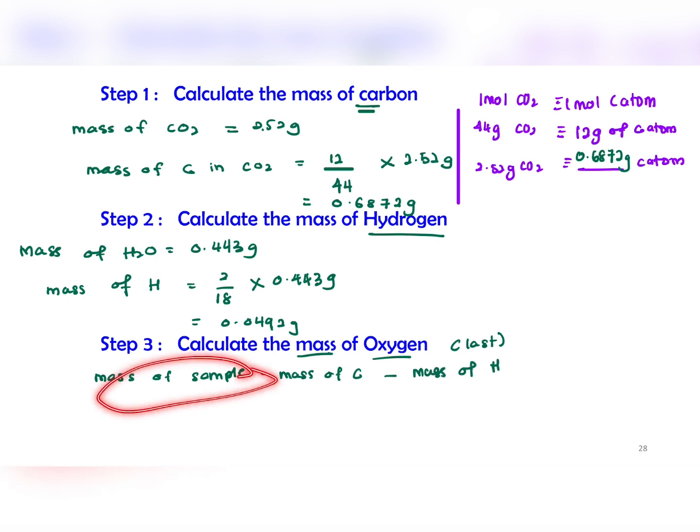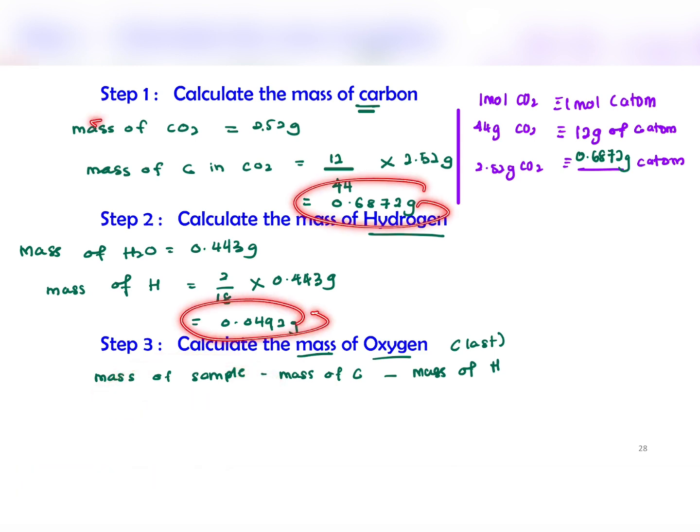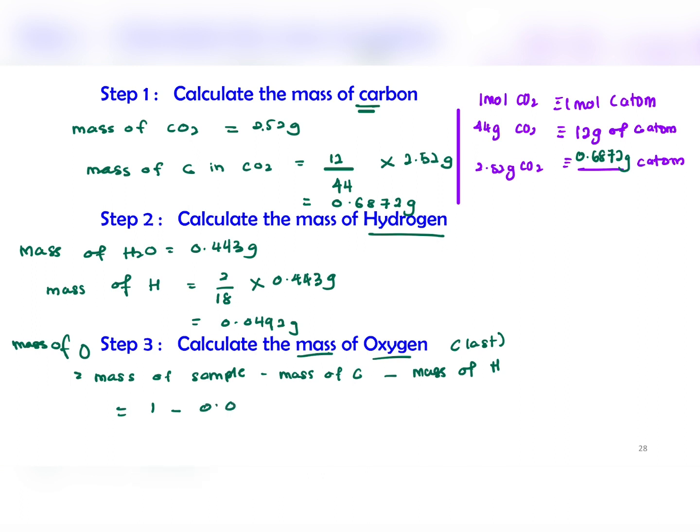Okay, mass of sample yang keseluruhan tolak carbon, tolak hydrogen yang kita dah kira dekat step 1 dan step 2. Okay, so you will get mass of oxygen atom. So 1 tolak 0.6872 tolak 0.0492 equals to 0.2636 gram.